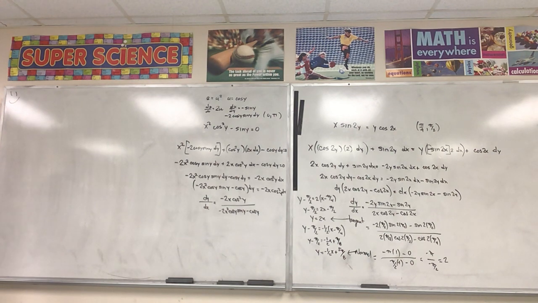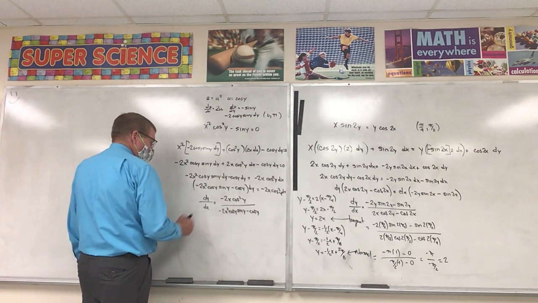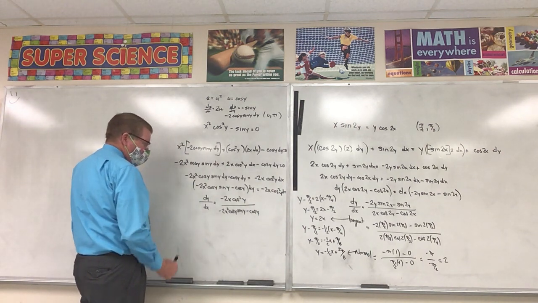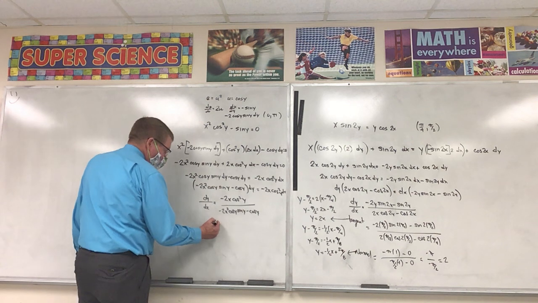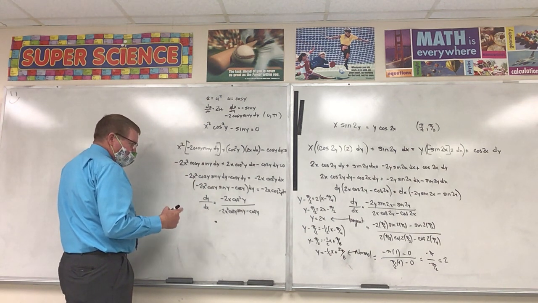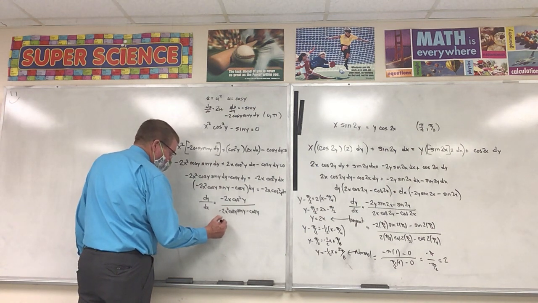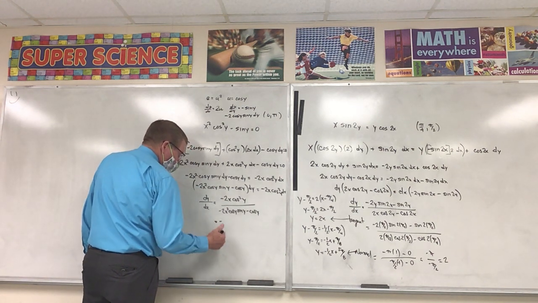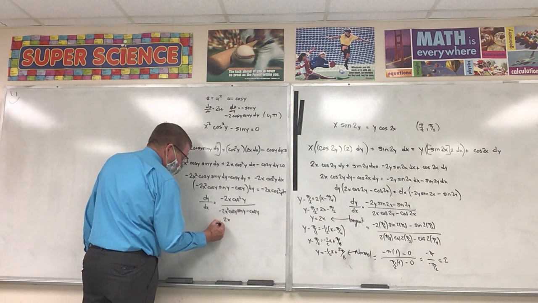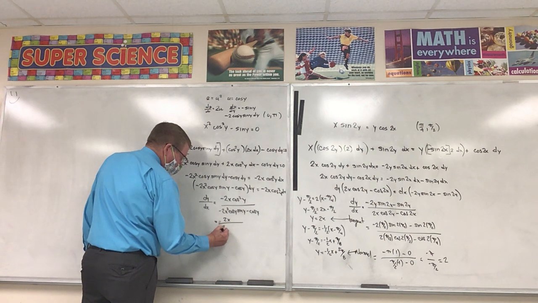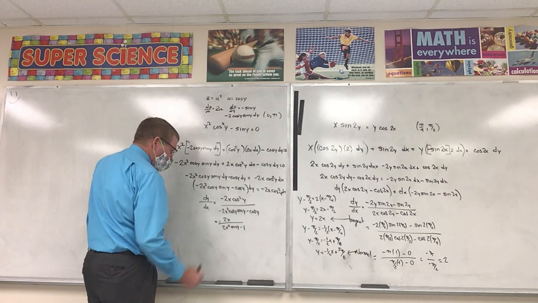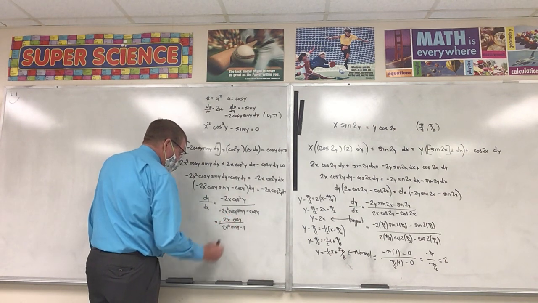Can you factor out a cosine y? Yes, we can actually factor out a negative cosine y. So that would be 2x over 2x squared sine y minus 1. Oh, it should be a cosine y on top.